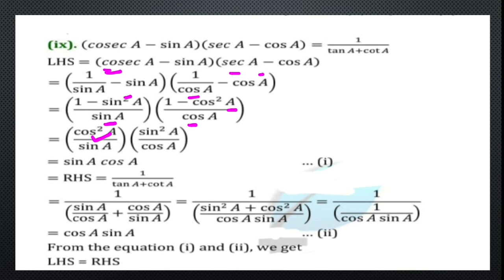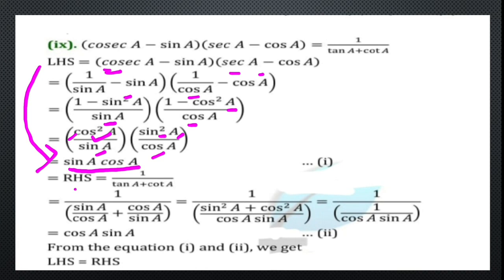Again, 1 minus cos square a is equal to sin square a by the first identity. One cos a will cancel with this cos square a, one sin a will cancel with this sin square a. So the remaining will be sin a cos a. So the LHS part is converted to the value sin a cos a.